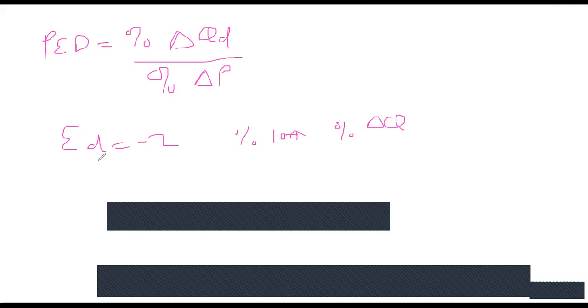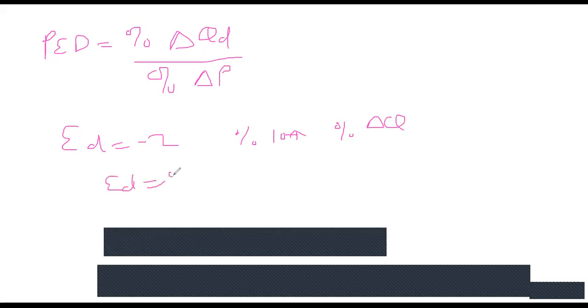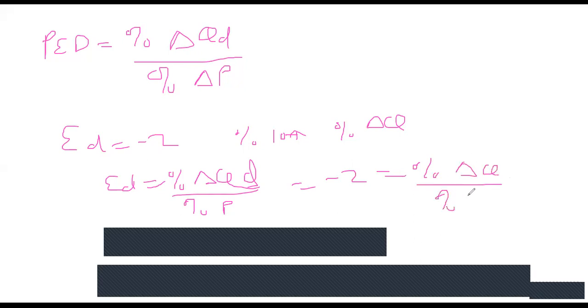We substitute: elasticity of demand is the percentage change in quantity demanded over the percentage change in price. So we put -2 equal to the percentage change in quantity demanded over the percentage change in price, which has been given as 10%.